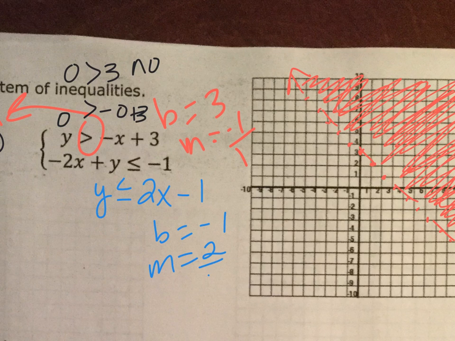I'm going to write it 2 over 1, so I know I go up 2 to the right 1, and this is equal to, so this one is going to be a solid line. So negative 1 goes here, and then I go up 2 to the right 1, or down 2 to the left 1, and my line goes like so.